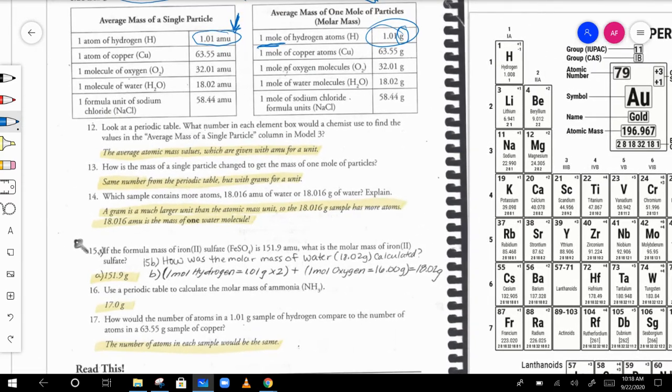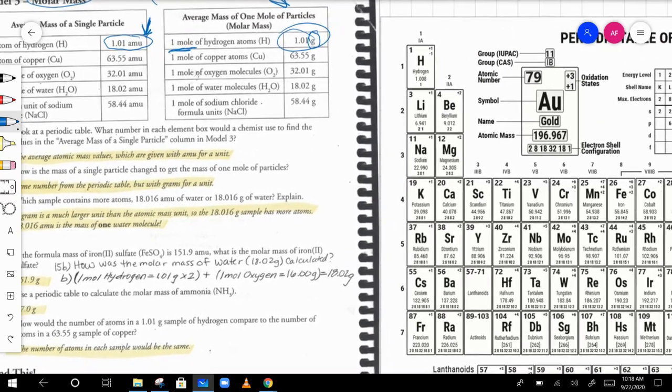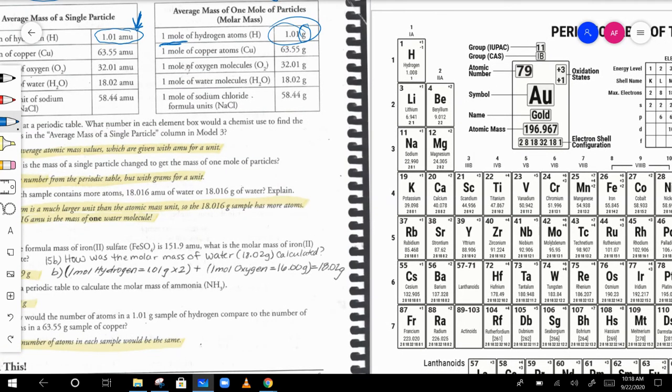The place to find that on the periodic table is always at the bottom here, and it's usually a decimal. It's not always a decimal, but it's usually a decimal. That's because it's actually an average of all the isotopes of that element. We talked about isotopes a little earlier in the year.